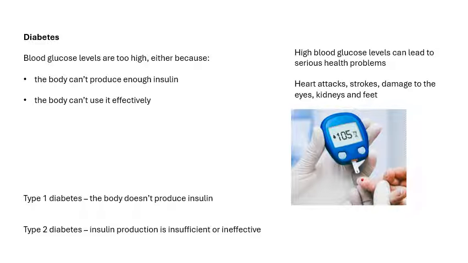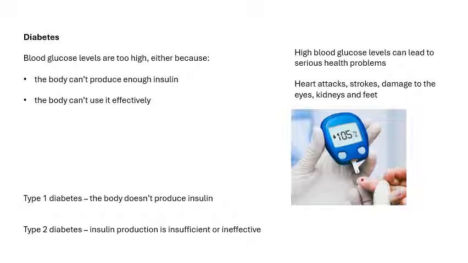Diabetes. Now, why might this system fail? Well, blood sugar levels might be too high because maybe the body can't produce enough insulin, or maybe the body can't use it effectively. You may have heard of type 1 diabetes, and that's basically where the body doesn't produce insulin.